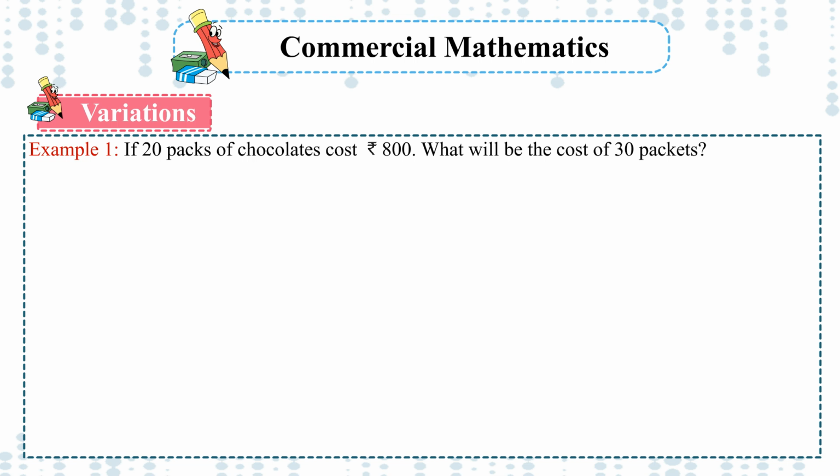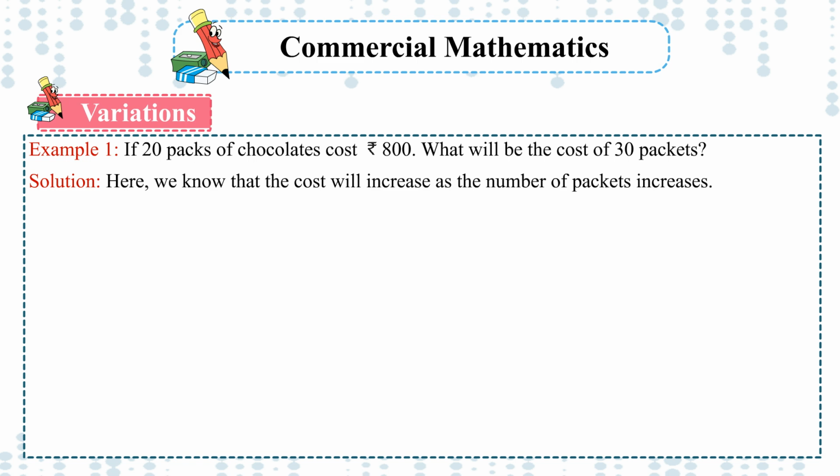Example 1. If 20 packs of chocolate cost 800, what will be the cost of 30 packets? Solution. Here, we know that the cost will increase as the number of packets increases.